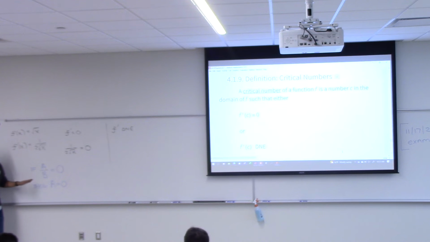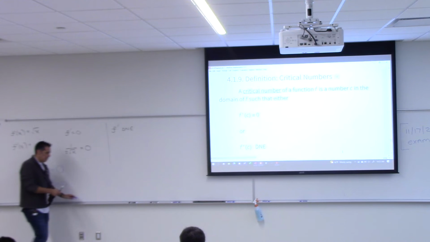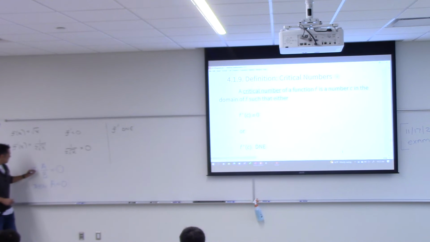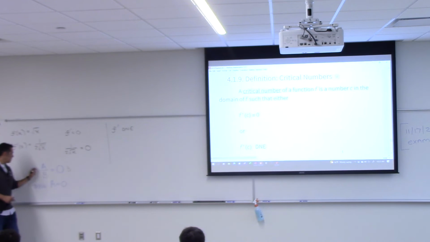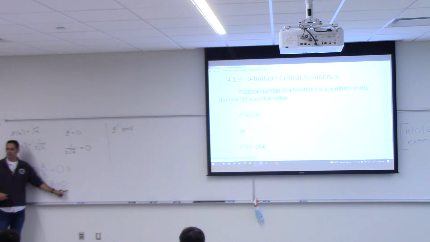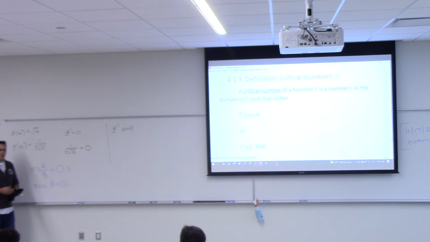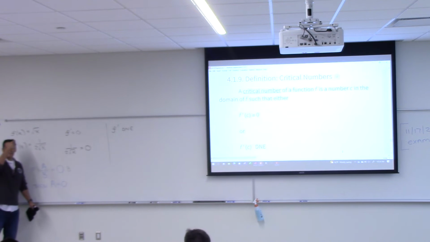In other words, the only way a fraction can ever be 0 is if the numerator is 0. Because if you start with the fraction, couldn't I always multiply both sides by b? 0 times b is 0, and then the b's cancel and I get a. So no matter what, if anyone ever asks when that fraction is 0, I can just look at the top and ask, when's the top 0?